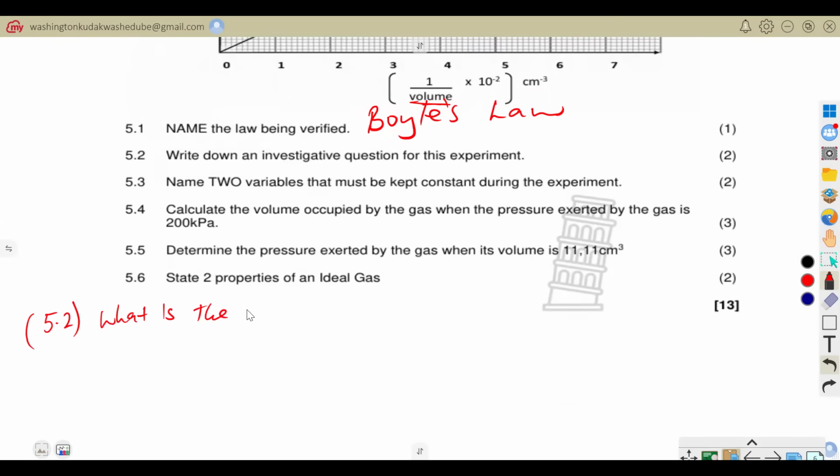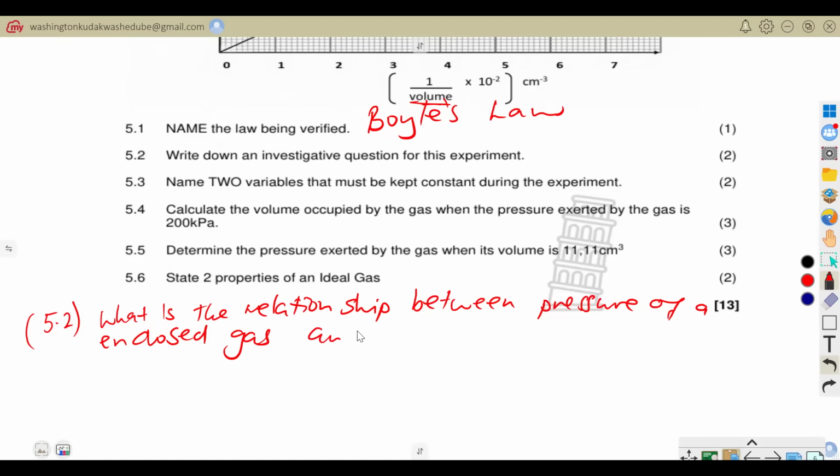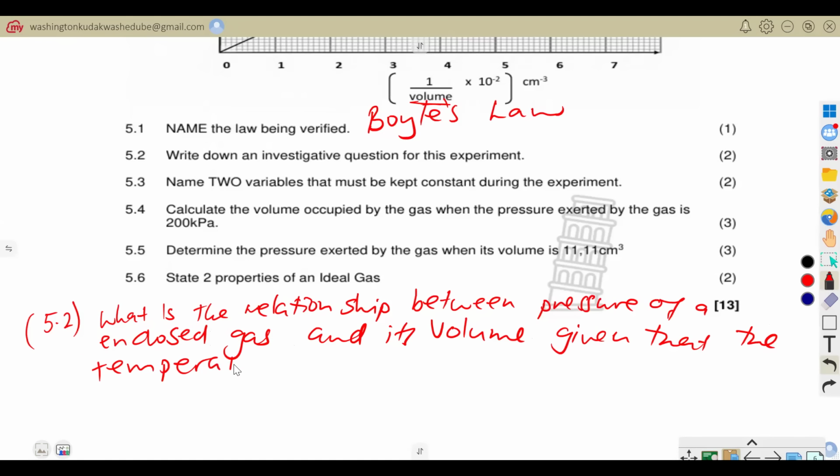What is the relationship between the pressure of a confined or enclosed gas and its volume, given that the temperature remains constant.